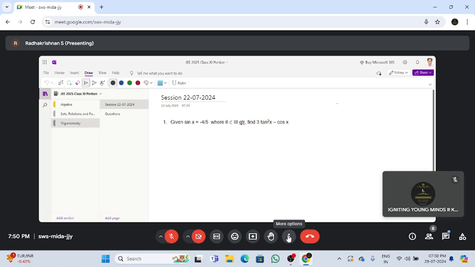So, it's given that sin x is minus 4 by 5 and x is in the third quadrant. Third quadrant, so it has to be here. So the point is somewhere here, in the third quadrant, and this is your theta.